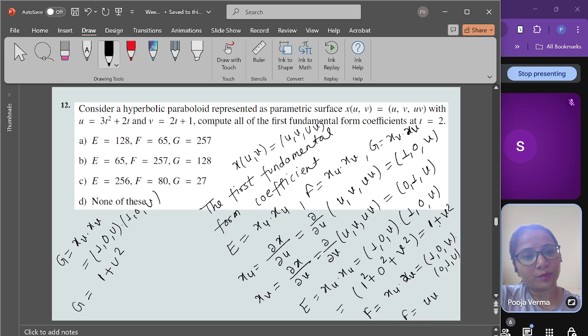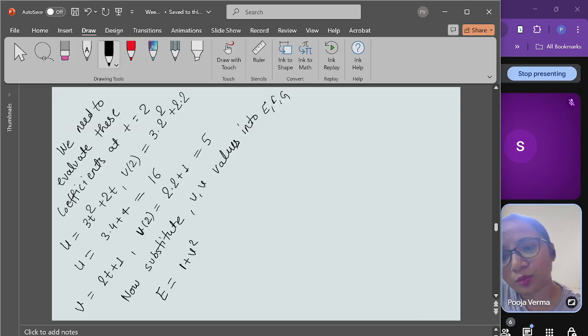Here E is 1 plus v square, F is uv and G is 1 plus u square. So now put the value of v here. So 1 plus 5 square, so you will get 1 plus 25. You will get total 26.